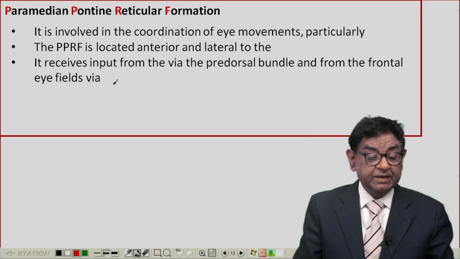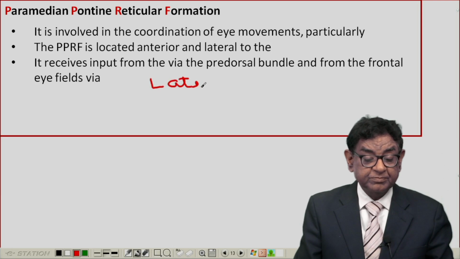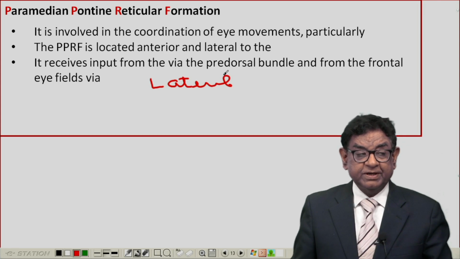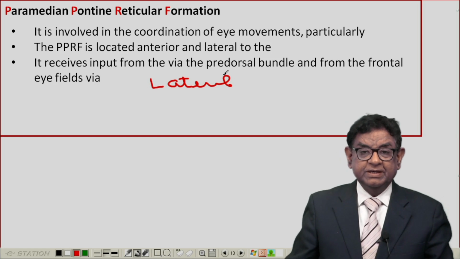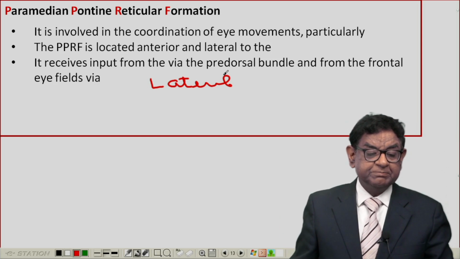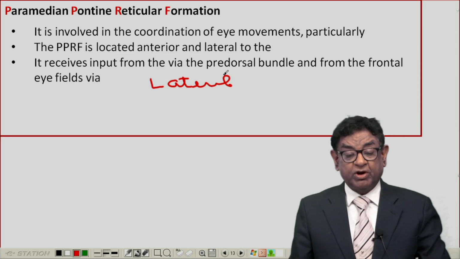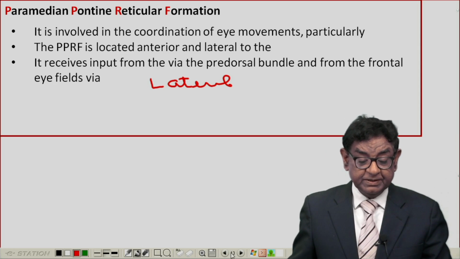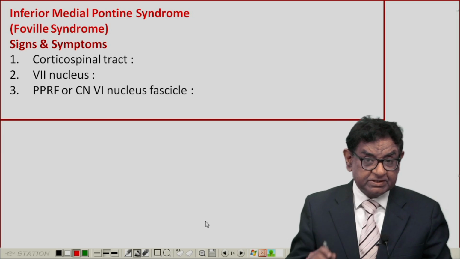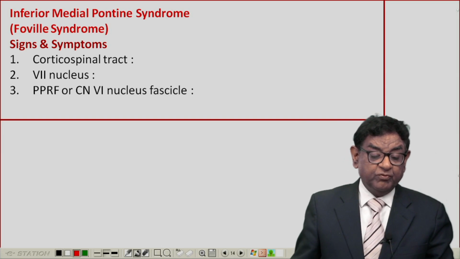Okay, mainly it is concerned with the lateral gaze. That means, remember, now I am looking this way, horizontal movement. Of course, sixth and third nerve are involved, but PPRF is the one which is coordinating this eye movement, right?